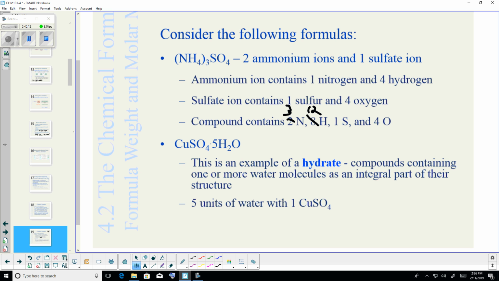So you'd add all that up to figure out the molar mass of copper sulfate pentahydrate. When it's written like that, you have to multiply by the number in front. This multiplies everything.